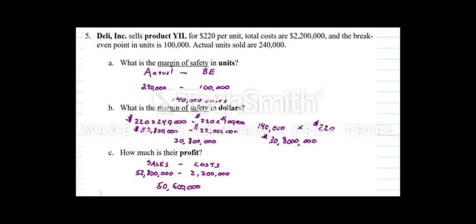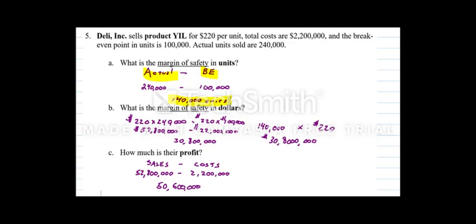If your actual sales are 240,000 units and you break even when you sell 100,000 units, the difference between those two, 240 minus 100, is 140,000 units. You can go down 140,000 units and still break even. That's your margin of safety in units.